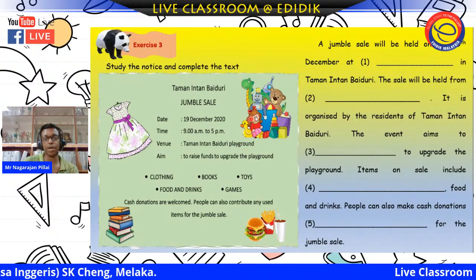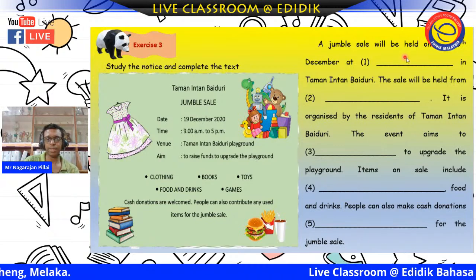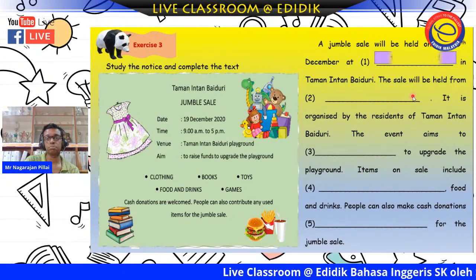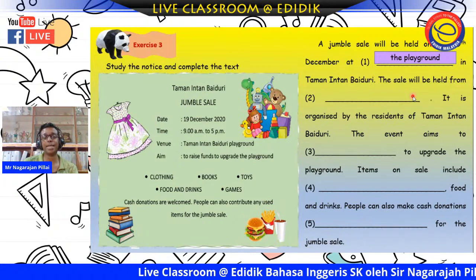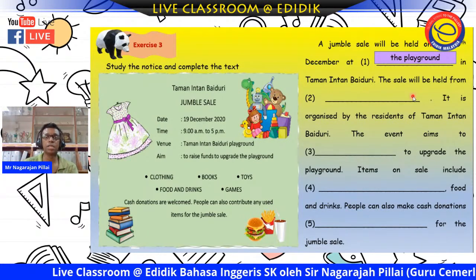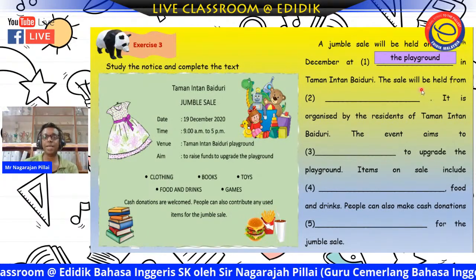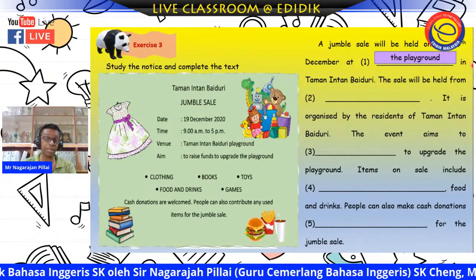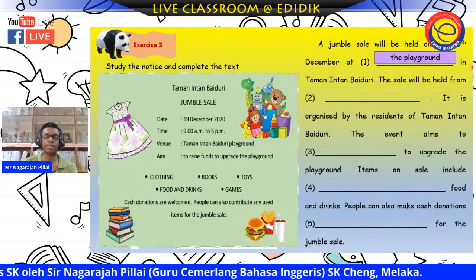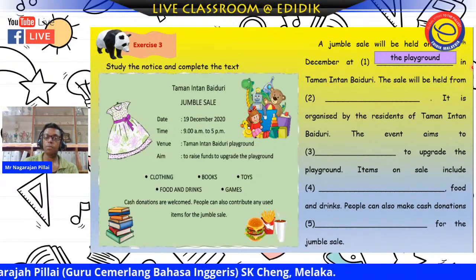But I can't simply write playground for blank number 1. Yes, I must add the article the. A jumble sale will be held on the 19th December at the playground in Taman Intan Baiduri. Why?